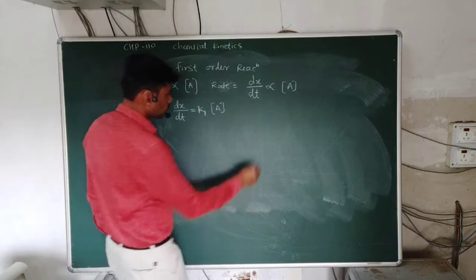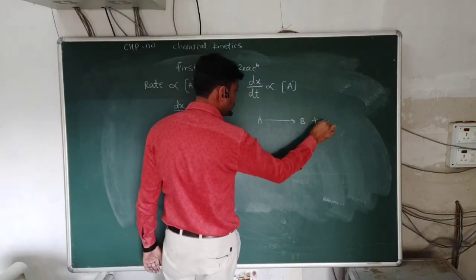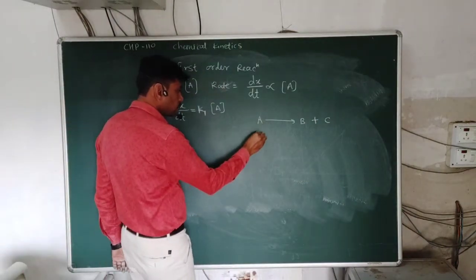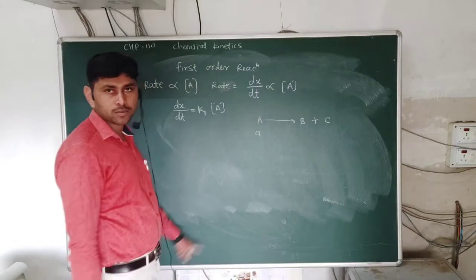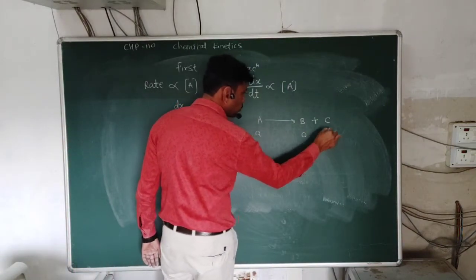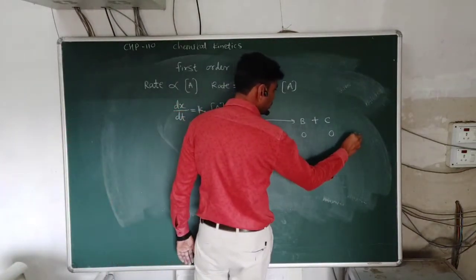Consider the reaction in which A is converted into two products, B plus C. Initially the concentration of A is a, the concentration of reactant, and initially the concentration of product is 0. This is the initial condition.